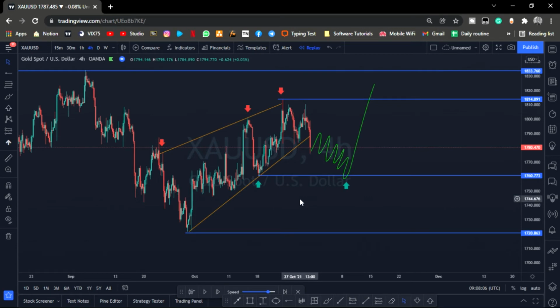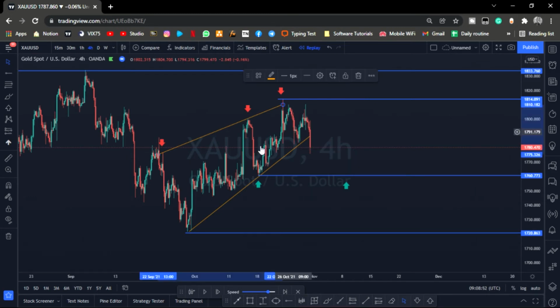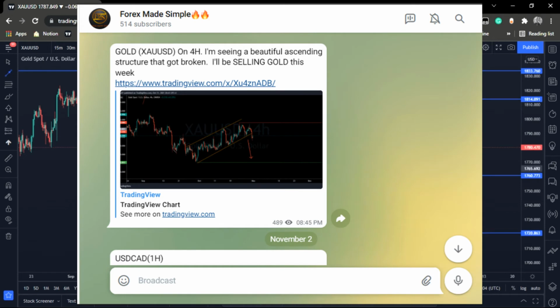So another thing you can learn from this is that I'm always open-minded for anything, because I know in the market it's not about whether you are right or wrong. It's all about growing your account. So that means you'll have to put your ego aside and take every message that the market gives you. This is one of the setups that I shared on my free Telegram channel, and I was expecting that drop to the downside.